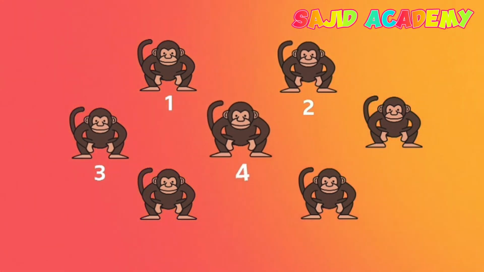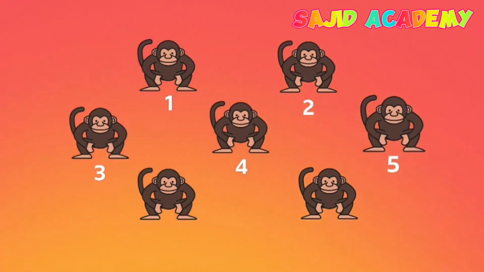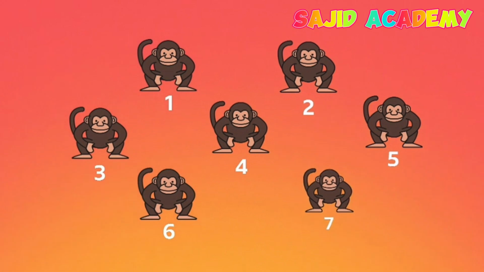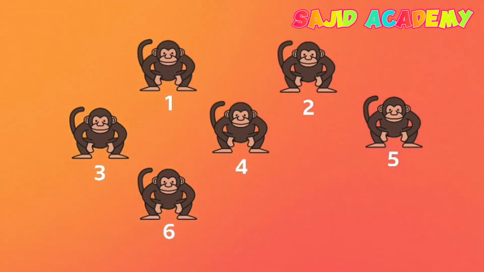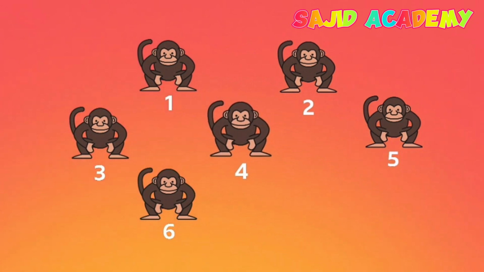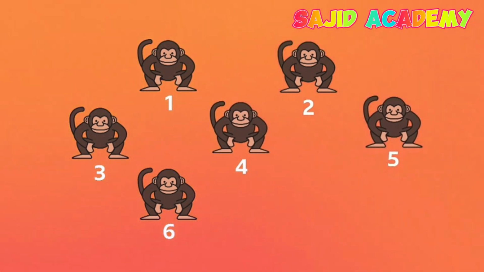Well done, there are 7 cheeky monkeys. If one monkey leaves, so there's one less monkey, how many monkeys are there now? 1, 2, 3, 4, 5, 6. 1 less than 7 is 6.